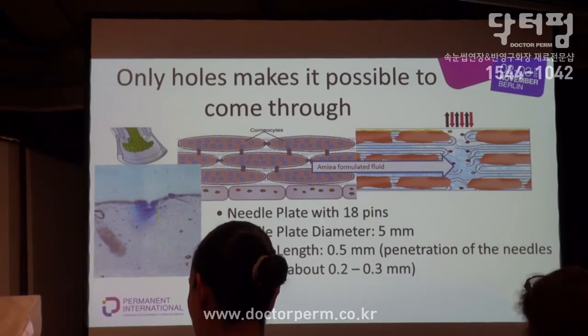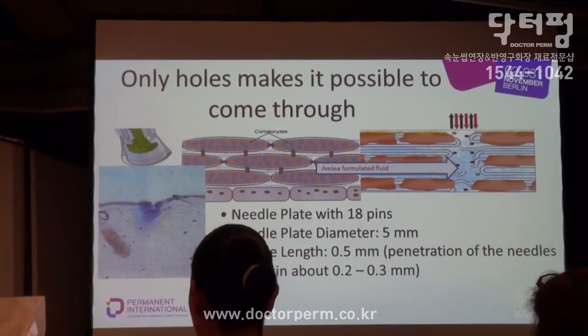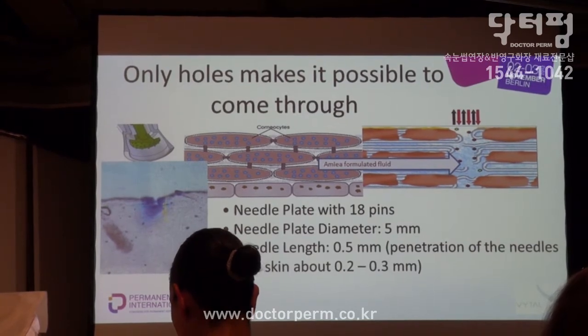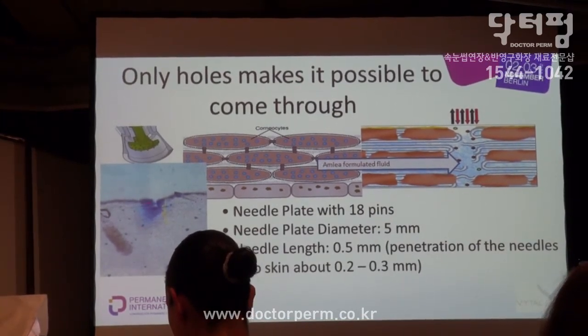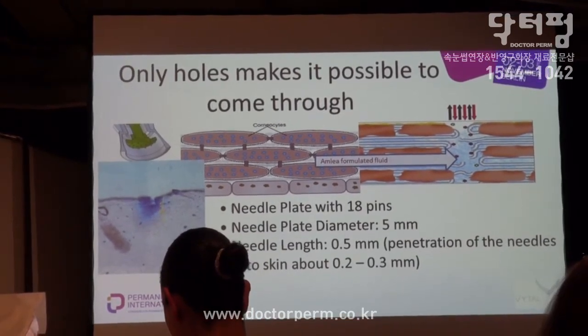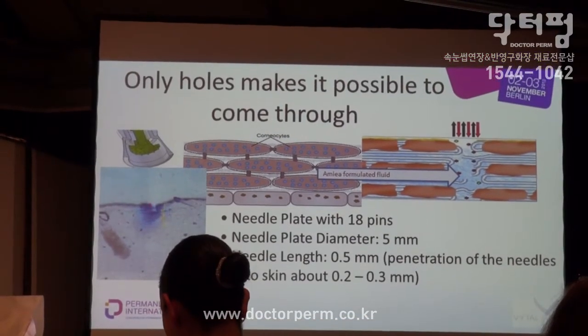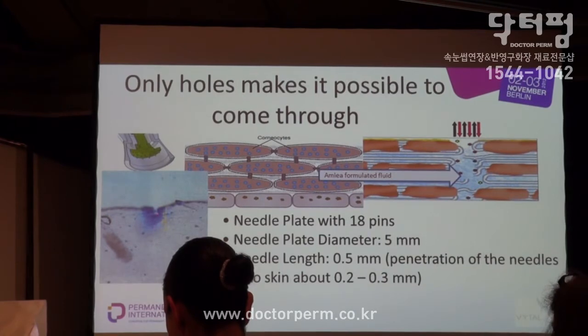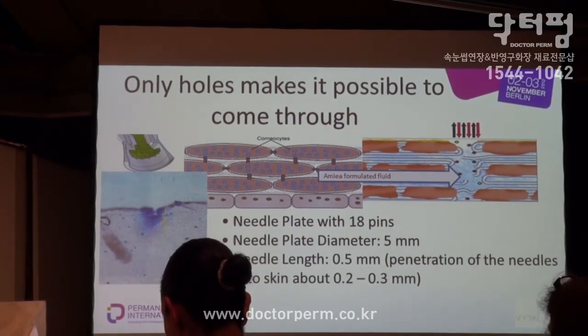And I can indicate it over here, we shouldn't go too deep under the layer of dead cells and also the living epidermis. And in this picture you see very nicely that although all the fluid is on top of it, in this hole you get a penetration into the epidermis.